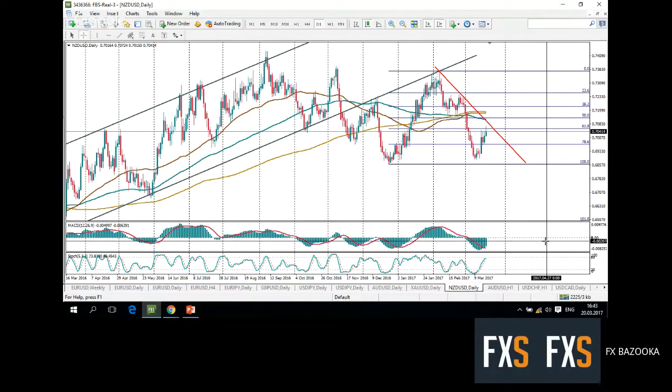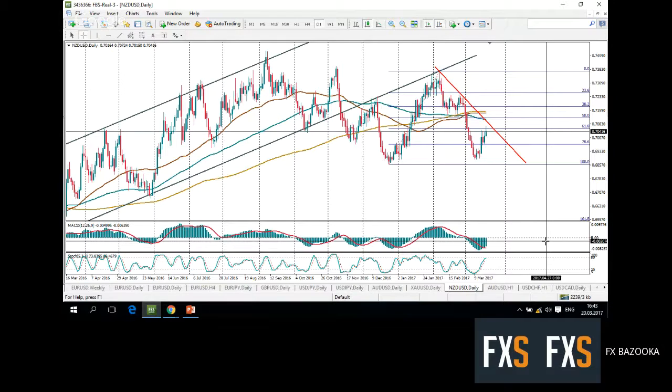Also remember that there was a reduction in the long positions for Australian dollar, Canadian dollar. New Zealand dollar is also vulnerable for that. So I currently don't see enough reasons to open long positions despite some weakness in the US dollar.